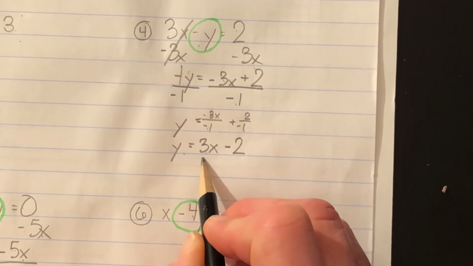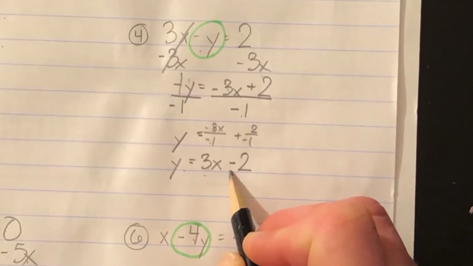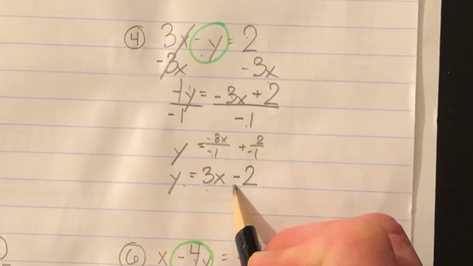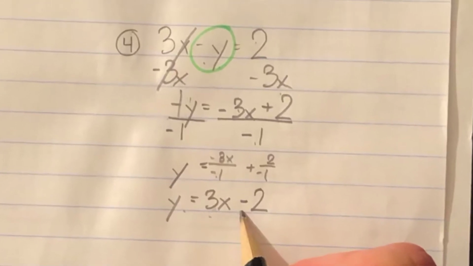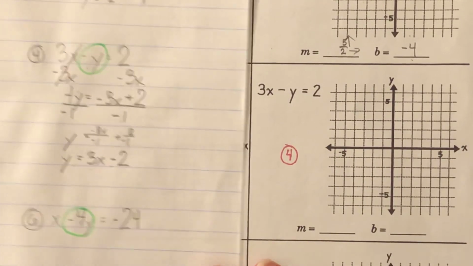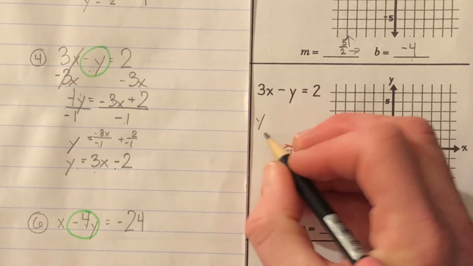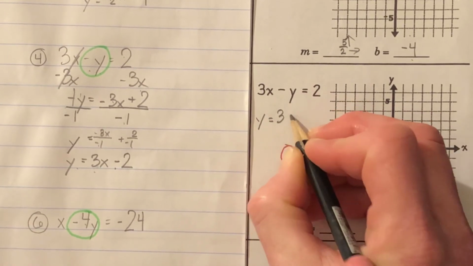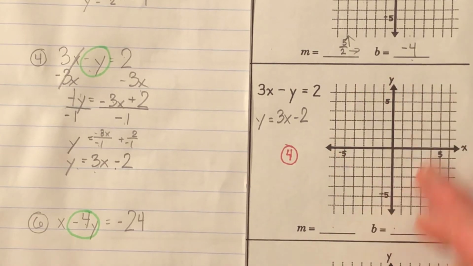Y equals 3x minus 2. So when I write this in slope-intercept form, y equals 3x minus 2. I want you to find the slope and the intercept, and then I want you to draw the line.